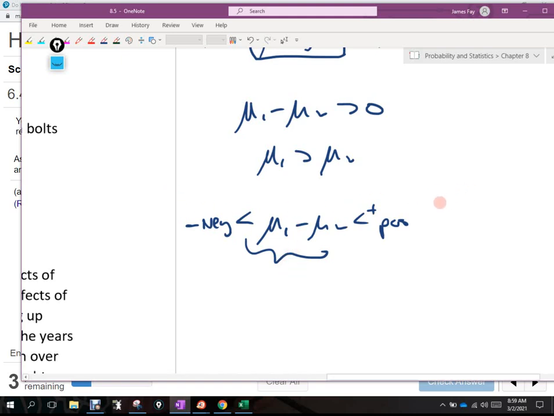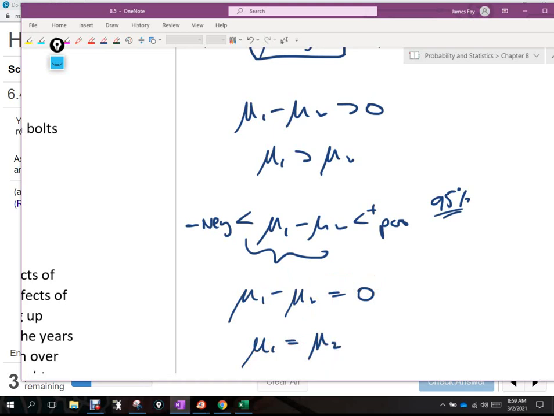So let's say that I'm working on a 95% confidence level here. I'm basically saying in this situation, when that's a negative value and that's a positive value, that that could be a possibility. Does that make sense? I'm not saying that I'm 95% confident that mu1 minus mu2 is equal to 0, but I'm saying mu1 minus mu2 could be equal to 0.